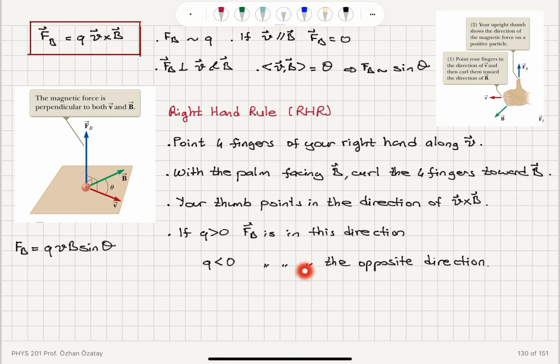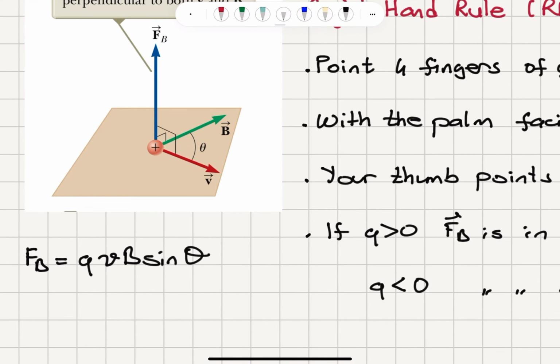So we have to change the direction of the force, make it point in the opposite direction if the charge is negative. What is the magnitude of the force? It is qvB sine theta. So it's the charge, speed, and magnetic field multiplied by the sine of the angle between the velocity vector and the magnetic field.